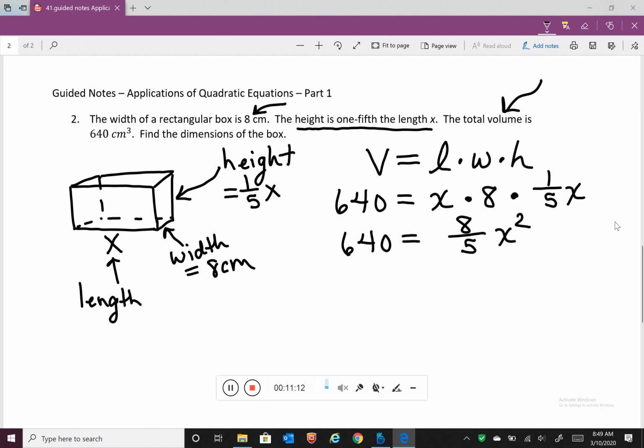So we can get rid of this fraction by multiplying by 5, but we also want to get rid of the 8, don't we? So we're not only going to multiply by 5 on each side, we're also going to divide by 8. Now we got to keep this equation balanced. So if I multiply the right side by 5 over 8, we're going to multiply the left side by 5 over 8.